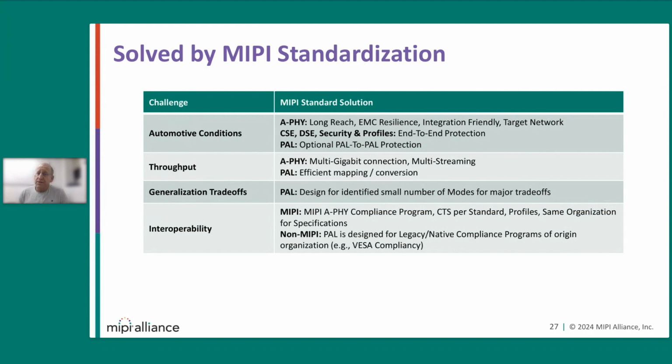When we are discussing non-MIPI protocols like VESA, eDP, or others, then there is an attempt by the adaptation layer to still support any legacy or native compliance program while using adaptation layers at both ends. For example, in VESA, if you build a VESA system with two bridges, then you can create a branch device.